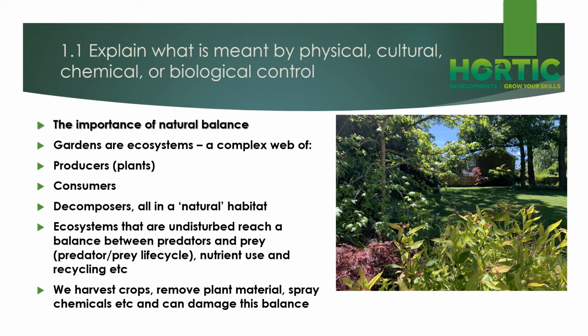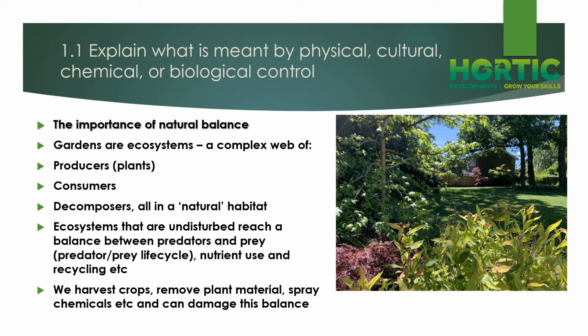So cast your minds back to perhaps when you were at school and you learnt about the predator and the prey life cycle. Remember, it was that idea of the numbers of each group were slightly behind each other, but they grew and decreased depending upon the availability of food.